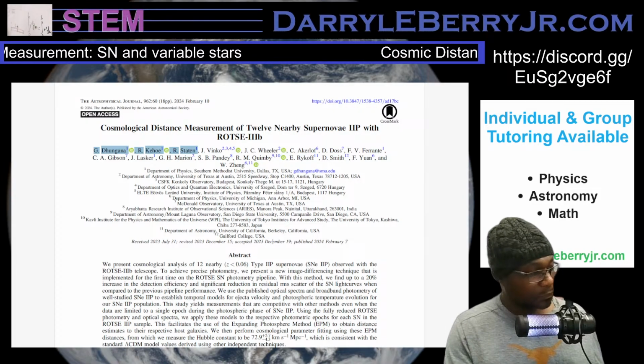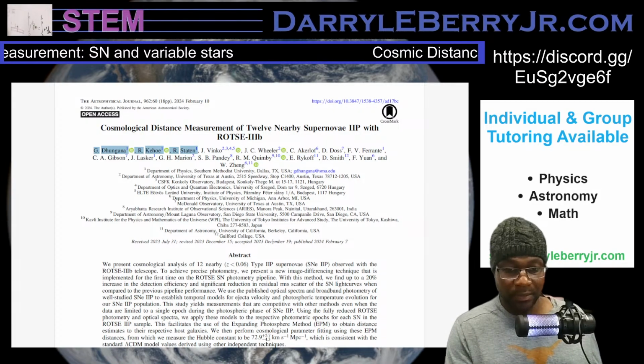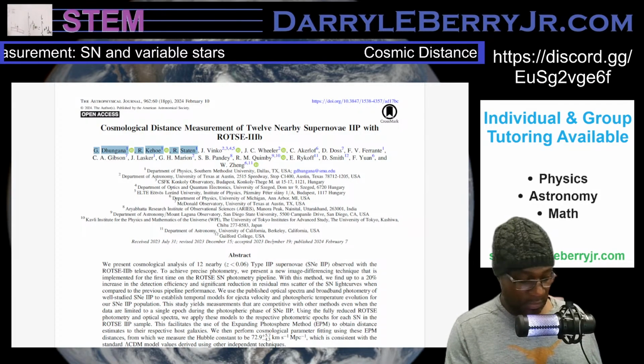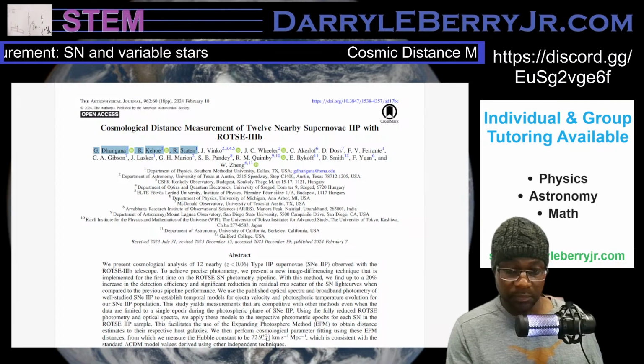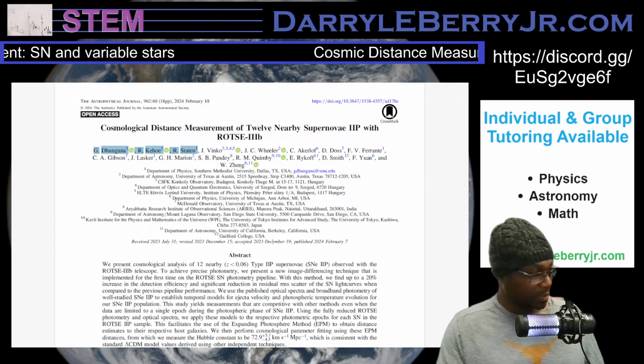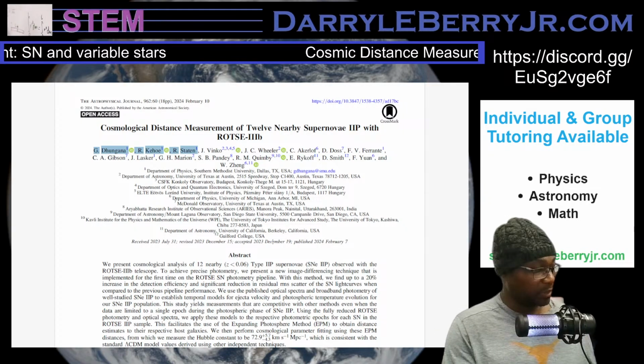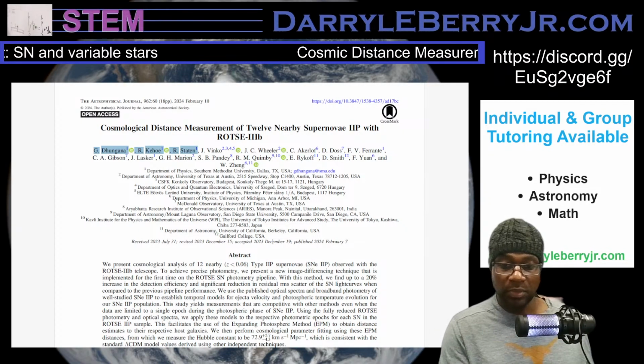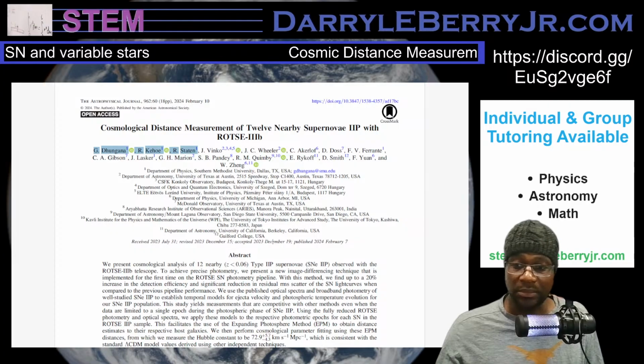So 12 nearby, Z less than 0.06, type 2P supernovae with ROTSE. That's basically a proprietary telescope, and a new technique was utilized, which is all interesting.